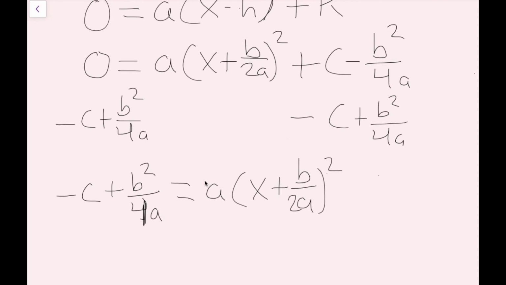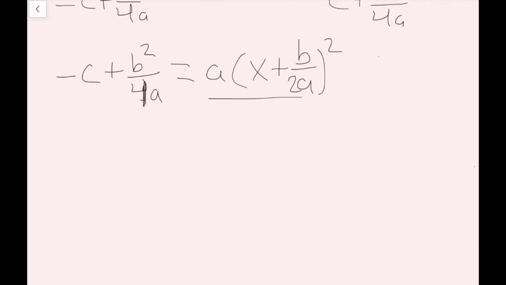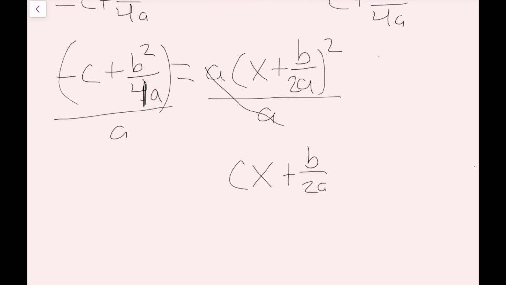Now I'll divide by a on both sides. Remember, division is the same thing as multiplying by 1 over that, so this is really multiplying by 1 over a. So these cancel, and what I want to isolate, x plus b over 2a squared, equals negative c over a, just like the distributive property.